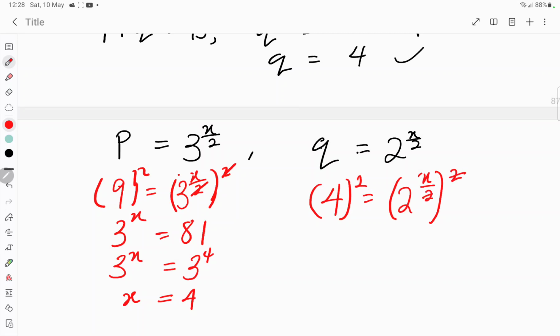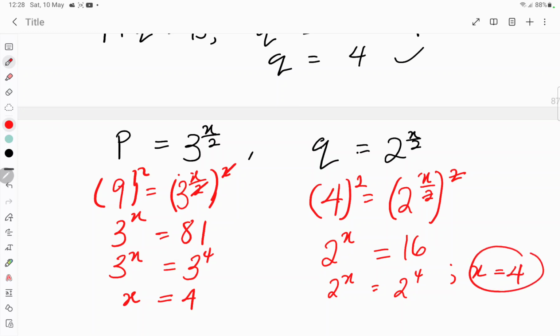If we square both sides, 2 power x is equal to 4 squared, which is 16. So 16 can be seen as 2 power 4. That means 2 power x is equal to 2 power 4. This also confirms that x is 4 in this too.